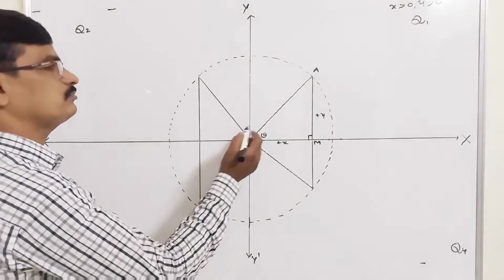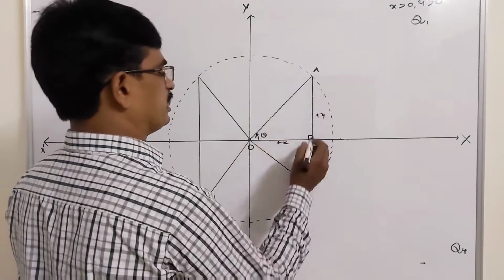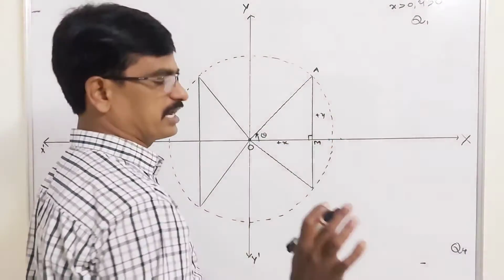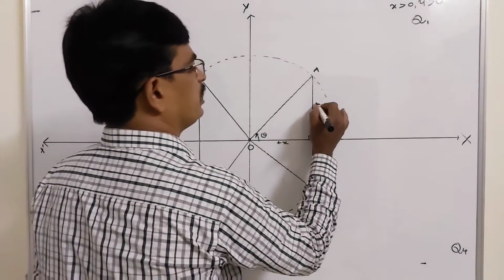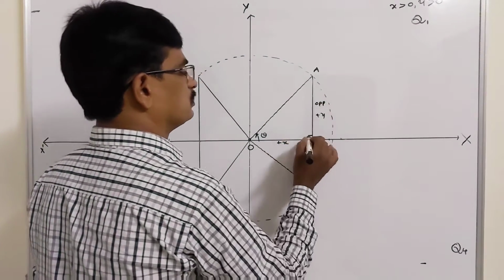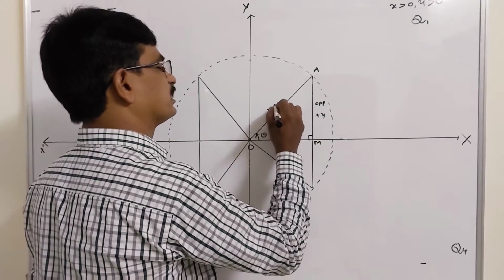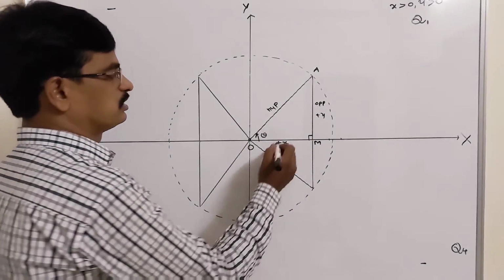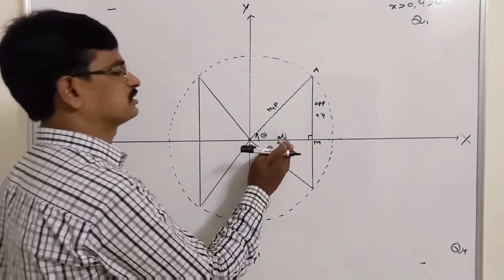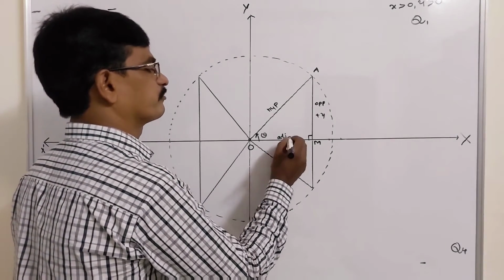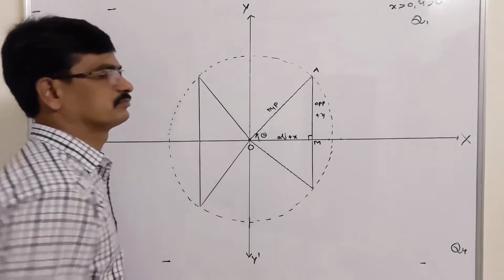Okay. Now triangle AOM lies in the first quadrant. Here AM is the opposite side. The side which is opposite to the right angle is called the hypotenuse, and the remaining is the adjacent side.